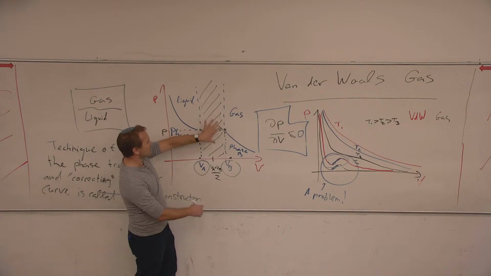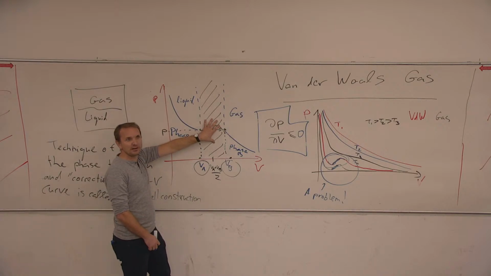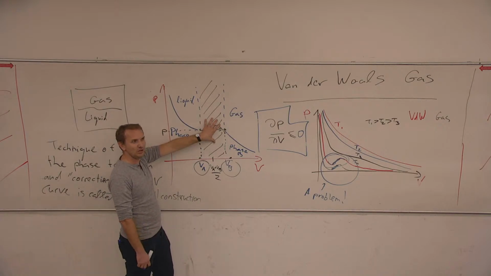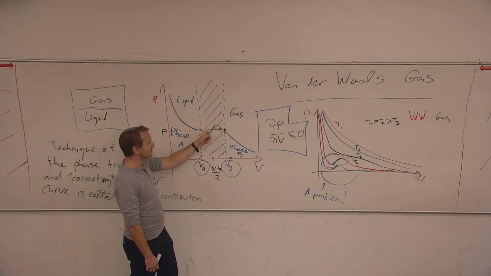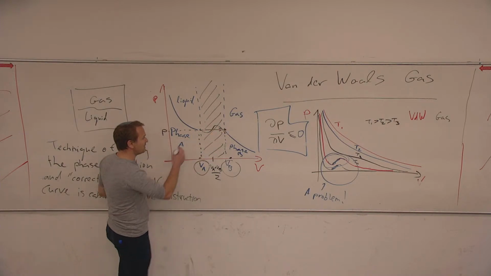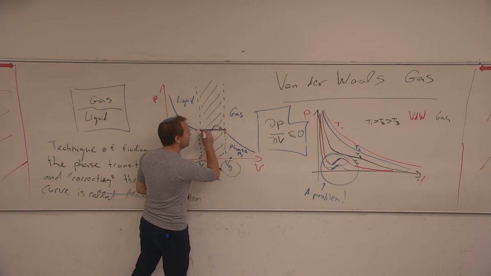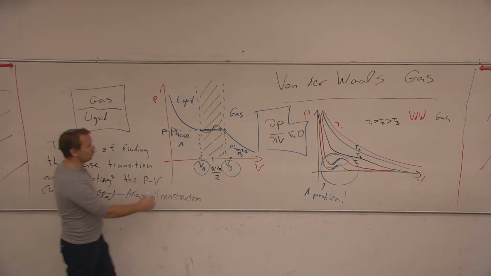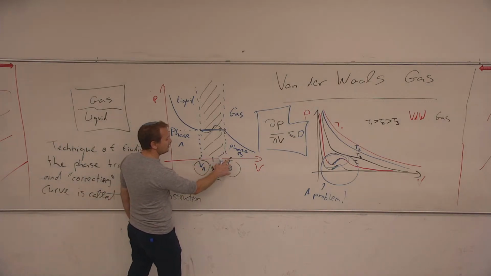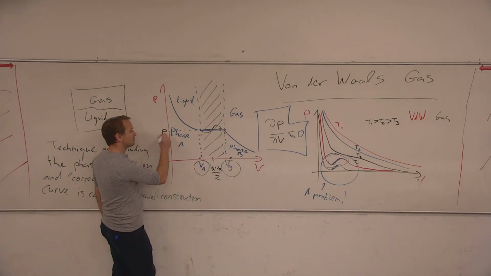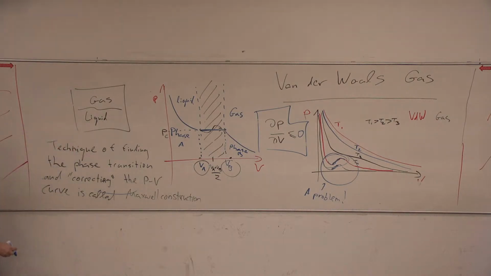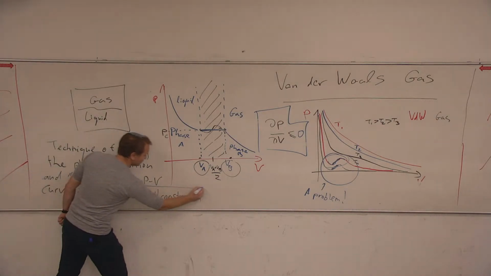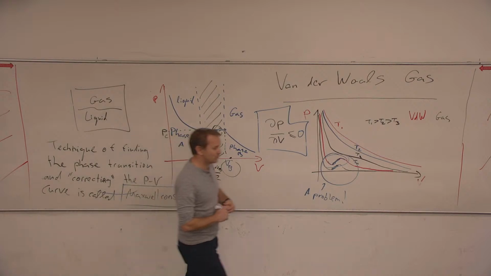Okay, he says, well, here I don't know what happens. It's a mixture over here. I don't care. It's not a stable situation. I know that the system arrives here and then it jumps over there. So for me, I will describe it by maybe drawing a constant line. But how exactly to find this VA and this VB and this critical P, this is what is done by this Maxwell construction over here. Okay, so this is what we are going to do right now.